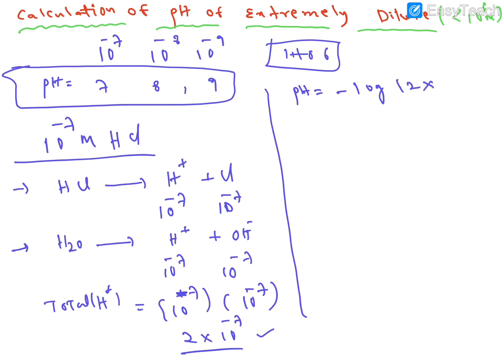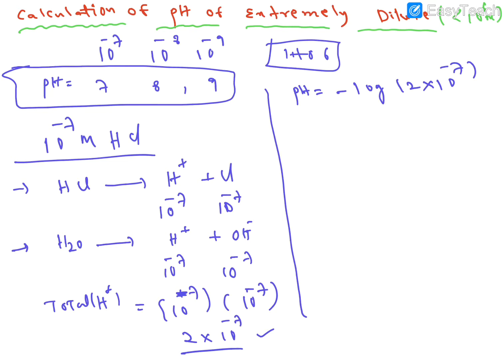But in very dilute acid solutions the H plus concentration is very low, so we want to consider the contribution from water also. Water, generally at 25 degrees temperature, has an H plus concentration of 10 to the power of minus 7.